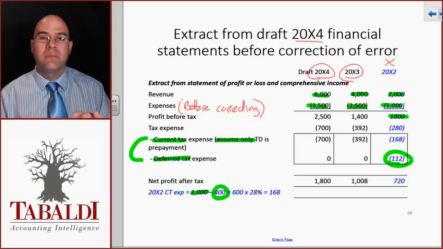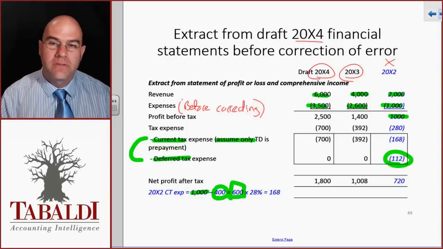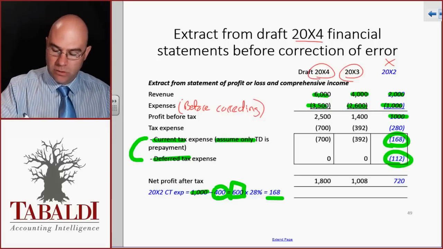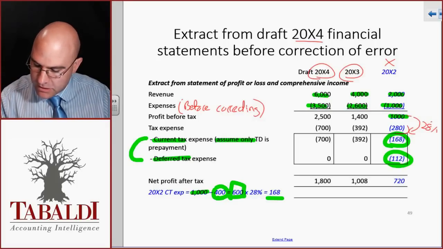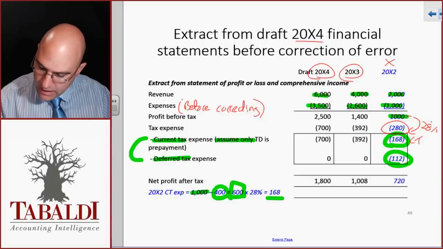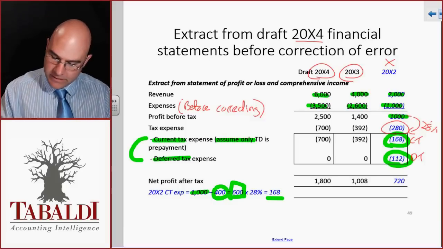I told you to assume that was the only temporary difference. That would have given me taxable income of 600 times 28% gives me 168. If you check, the 1,000 times 28% gives me my total tax expense of 280, made up of current tax and deferred tax expense, leaving a net profit of 720.